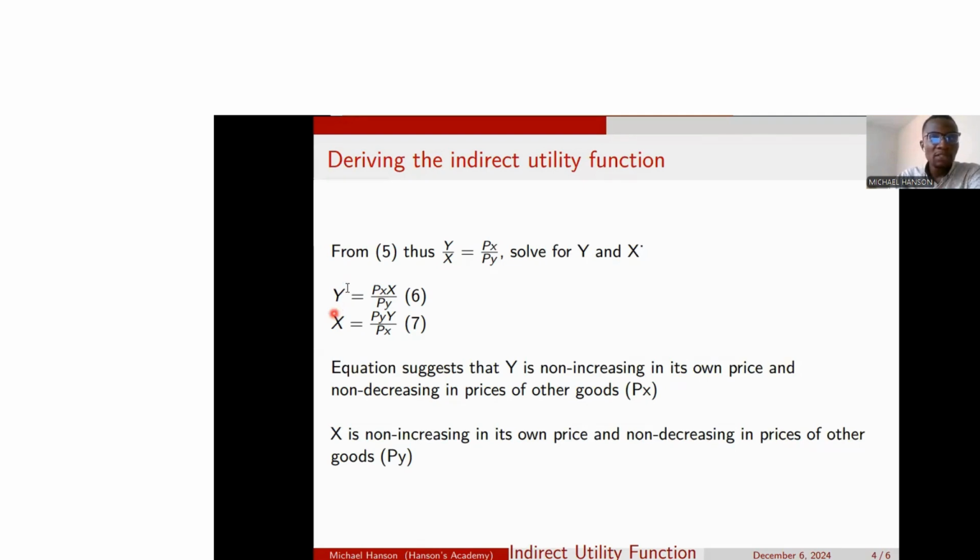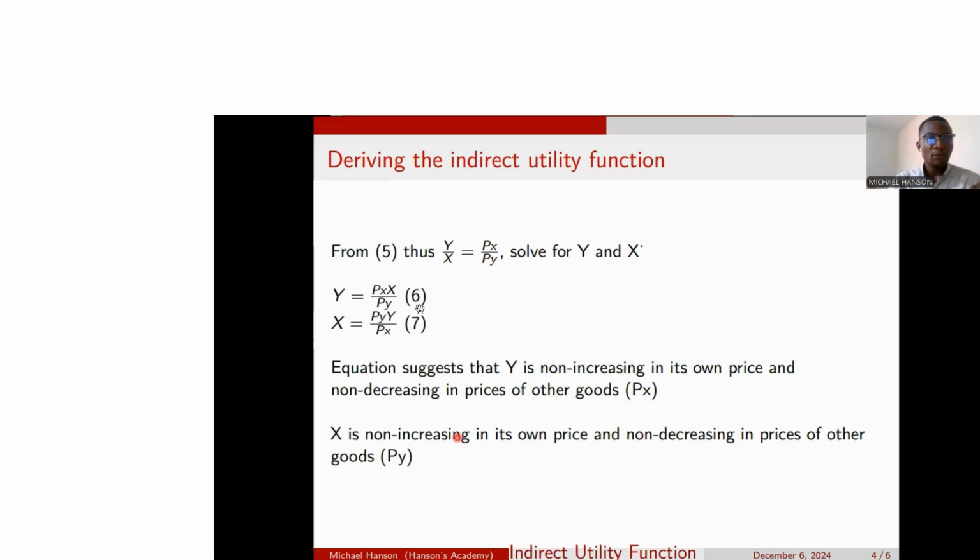This is not a conclusion, but you can see from here that even finding y from the utility maximization condition suggests that quantity y depends on the price of y, which shows that it is negatively related to its own price, but positively related to the price of commodity X. So the equations above suggest that y is non-increasing in its own price, suggesting that an increase in the price of y will reduce the quantity of y that will be bought.